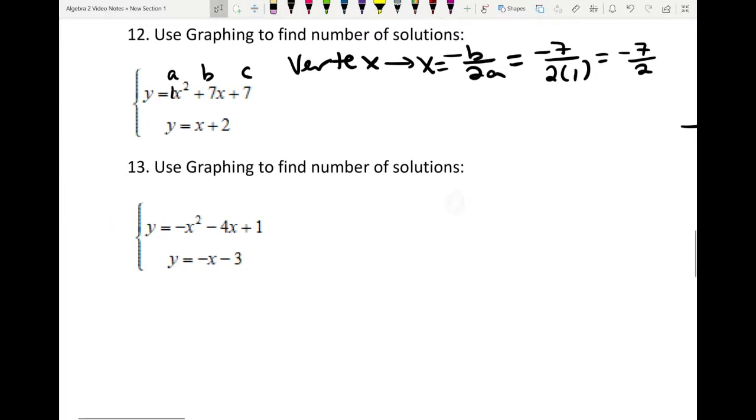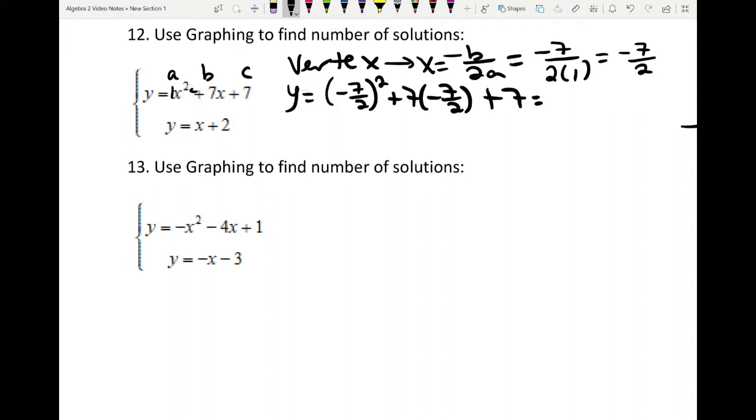If I want to figure out the y-coordinate, I'm going to plug this into the original. So y equals negative 7 over 2 squared plus 7 times negative 7 over 2 plus 7. I'm just going to get a decimal out of that because I have a lot going on as far as squaring is concerned.